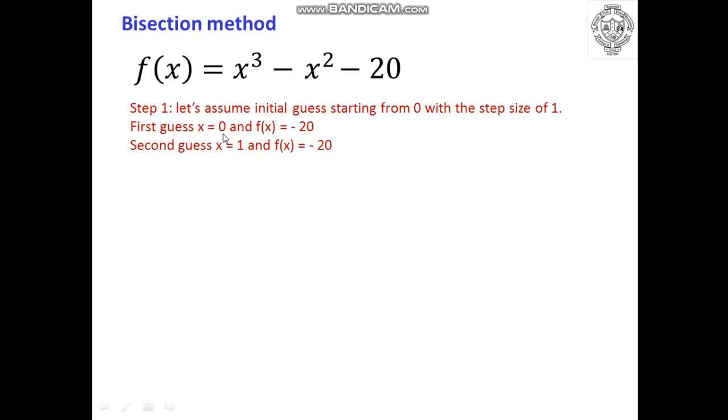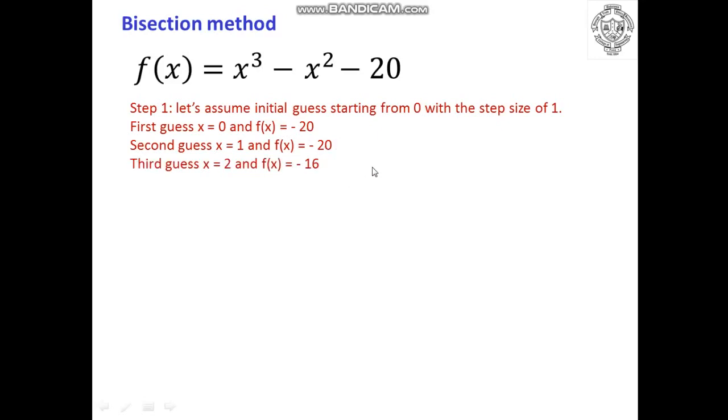Now if you compare the sign of these two functions, computed at x as 0 and x as 1, you can find that there is no change in the sign. Both signs are negative. So assuming these two initial guesses will never reach the exact root, that means these two initial guesses are wrong. So you have to repeat this procedure till you get a sign change in the function.